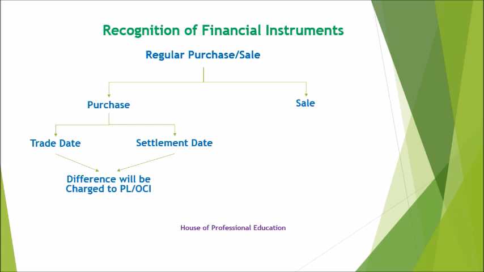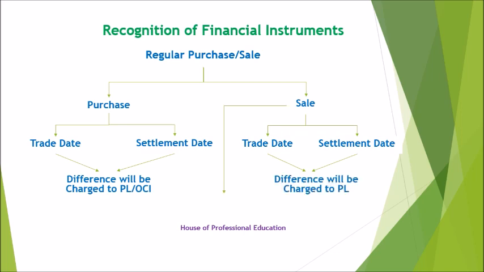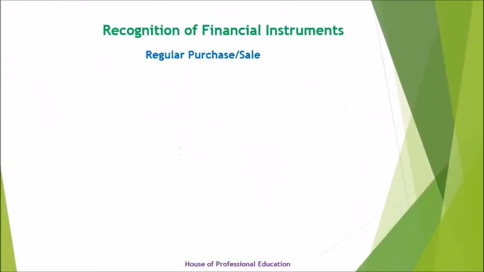In case of sale, either through TD or settlement date, in both cases the profit will be charged to profit and loss account only. If the value of the financial instrument changes between contract date and settlement date, this change has no effect on the fair value of the financial instrument. Let's go through some examples for better understanding of this concept.